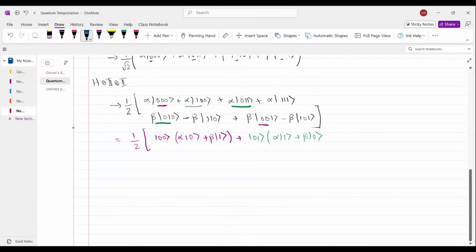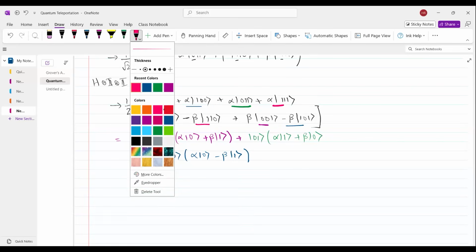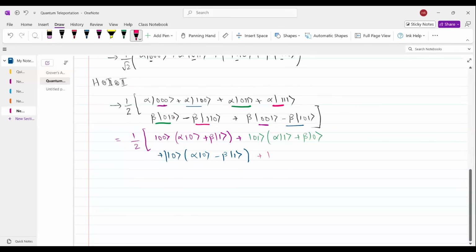We get 10 common from here, and again 10 common from here, so we get alpha 0 minus beta 1. And lastly, we have 11 state over here and 11 state over here. So 11 and alpha 1 minus beta 0.